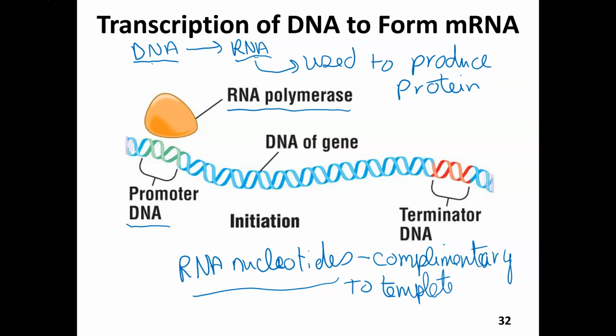This RNA polymerase reads the DNA all the way to a region called the terminator sequence. So once it hits that terminator sequence, the RNA polymerase comes off and the DNA can wind back up.